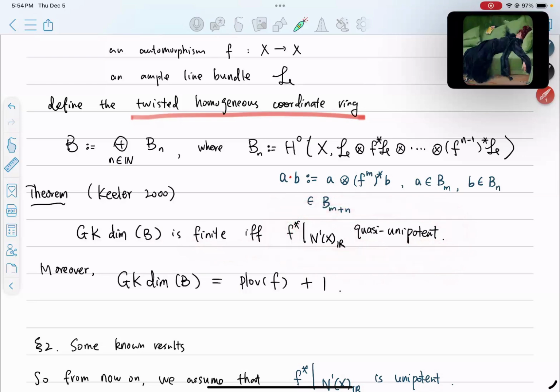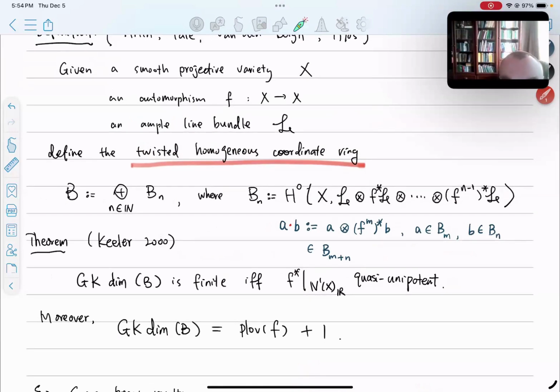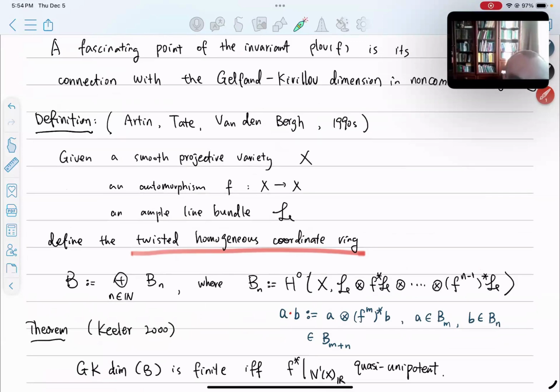Okay. Sorry, a question. In your definition, F is an automorphism. Can it be an endomorphism? No. Here, if F is a non-invertible endomorphism, not an automorphism, then F must be of positive entropy. When F is of positive entropy, then the polynomial degree of F must be infinity, it cannot be finite, because when F is of positive entropy, the growth of the volume is exponential.